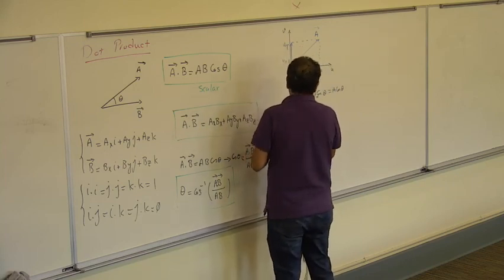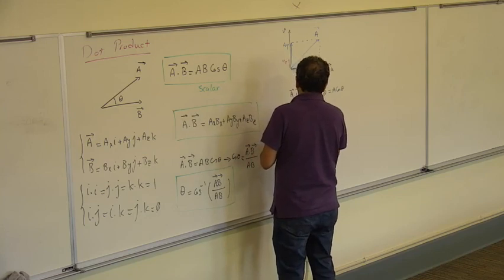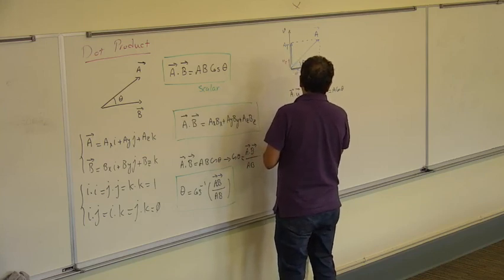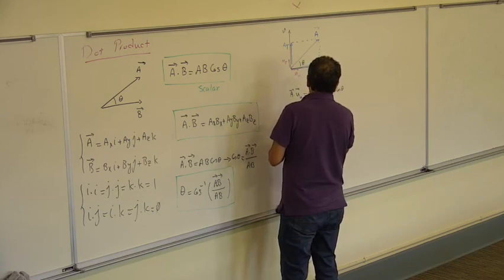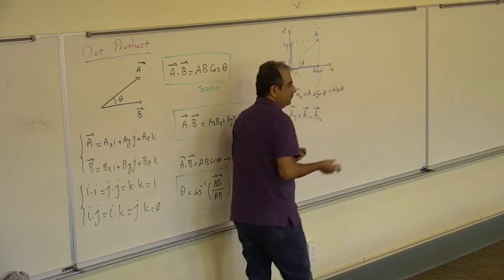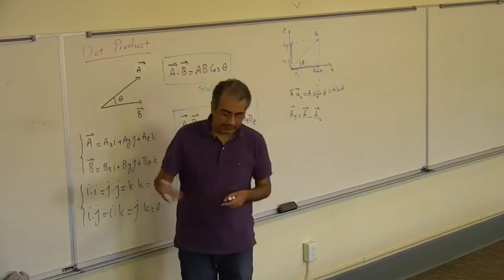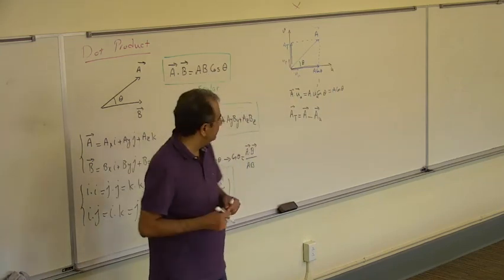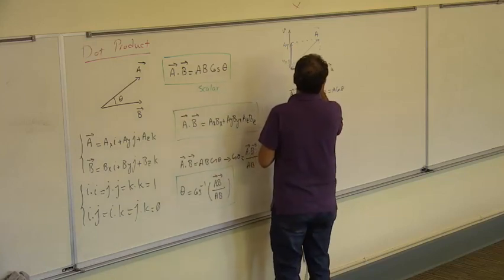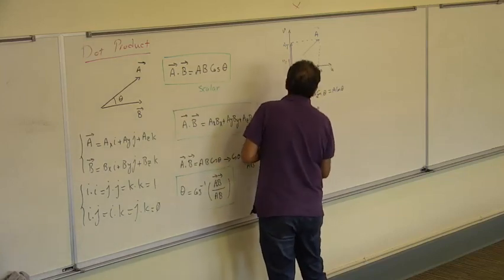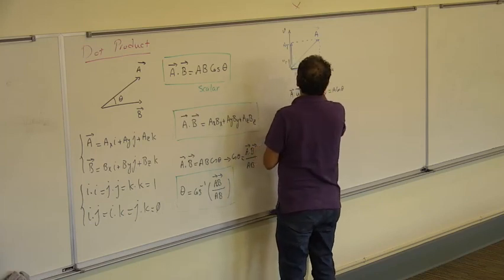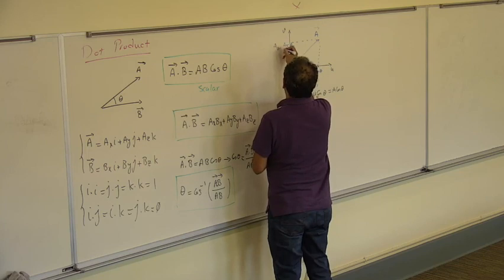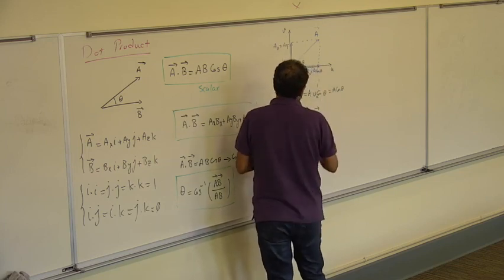The A perpendicular is A minus A on u, in case they want you to calculate. This is the v projection and the u projection.